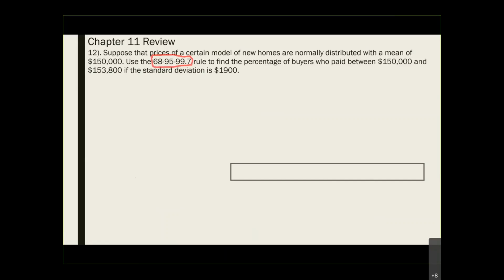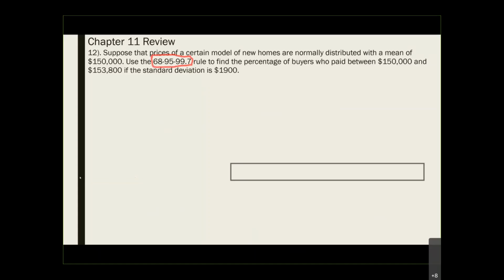The chart for them is a bigger chart, but it's the same chart that we had before. So they ask us, suppose the mean is 150,000. Using this rule, find the percent of buyers who pay between 150,000 and 153,800.